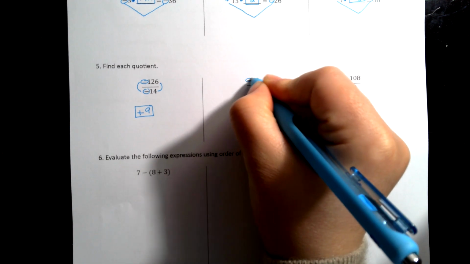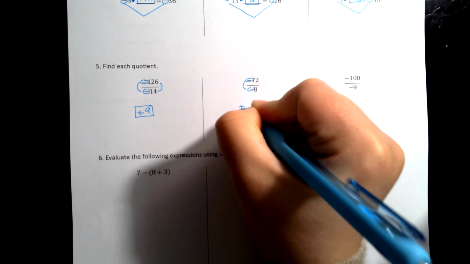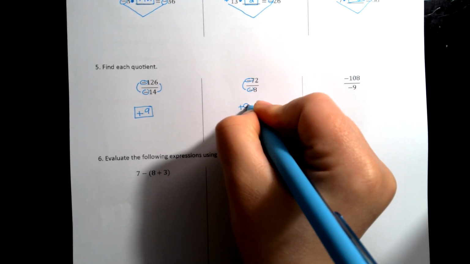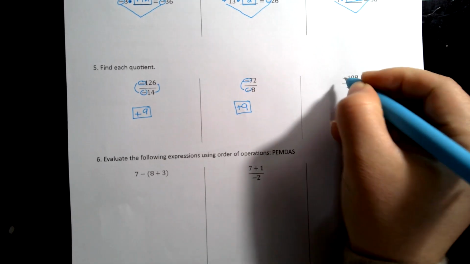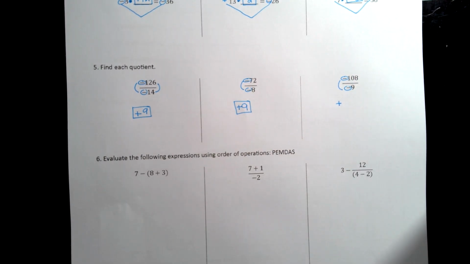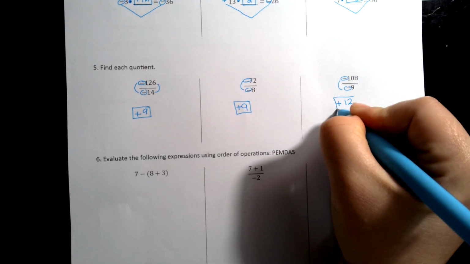Make sure you're using your multiplication table. Same or different, these are same, so that means we're going to have a positive. Now I get 72 divided by 8, or 8 times what is 72, and that gives us 9. Same or different, these are same. And we get 108 divided by 9, and that gives me a positive 12.